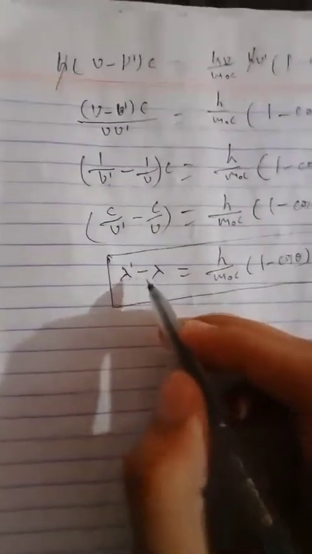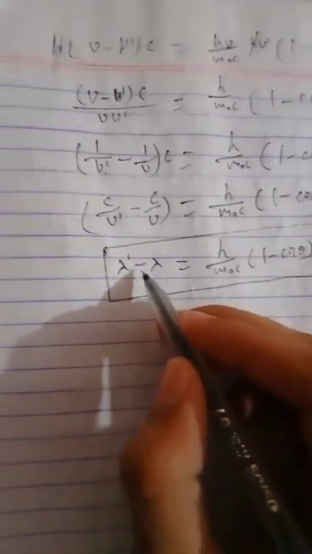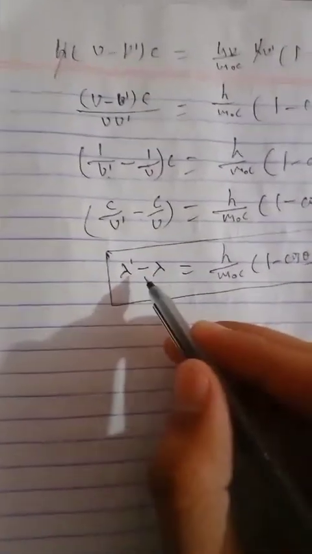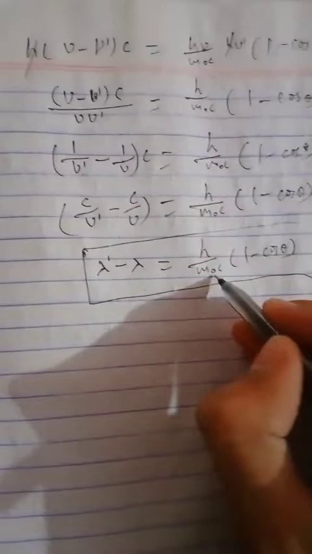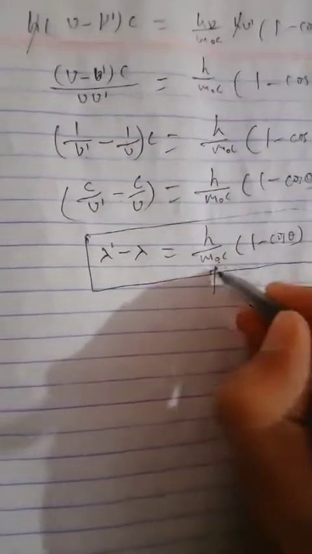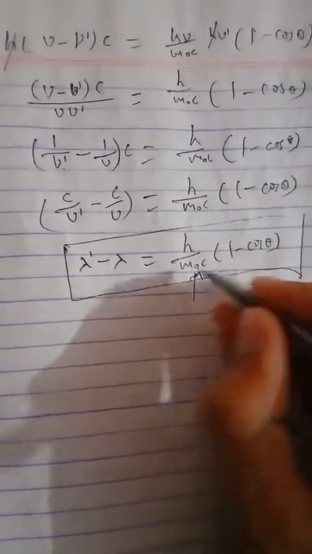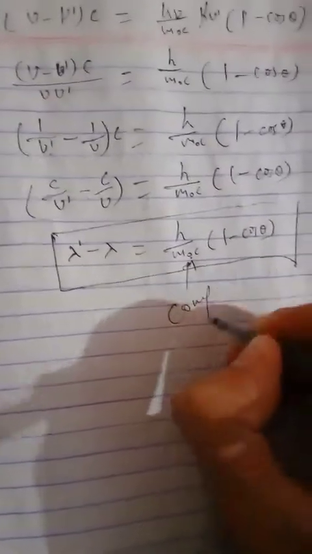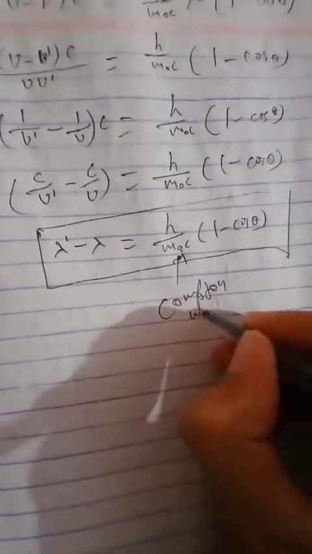This is the change in wavelength of the incident light, or you can say of the incident photon. H upon m naught c, this term is also known as the Compton wavelength.